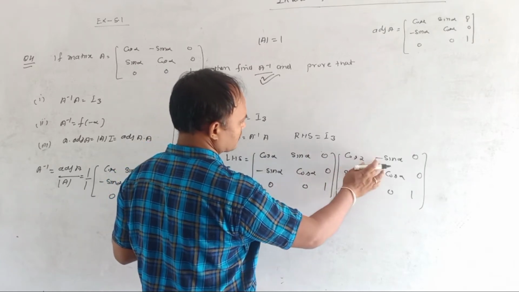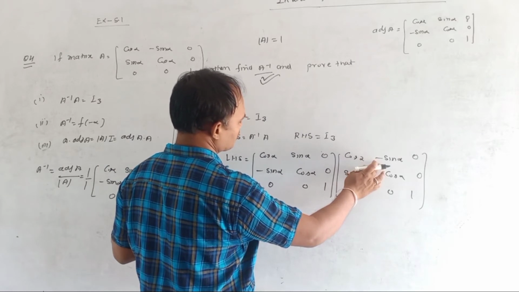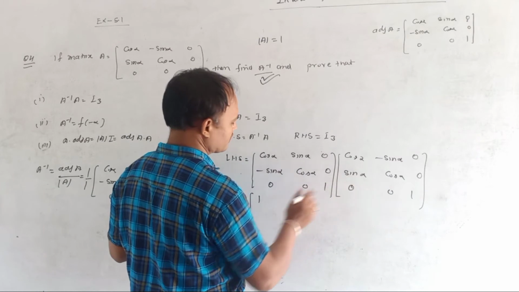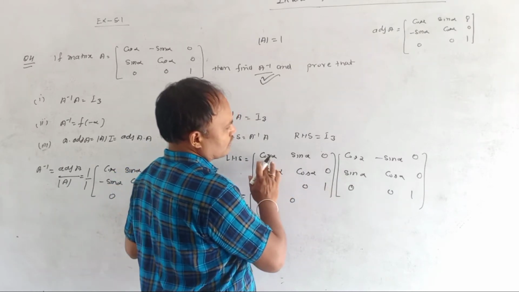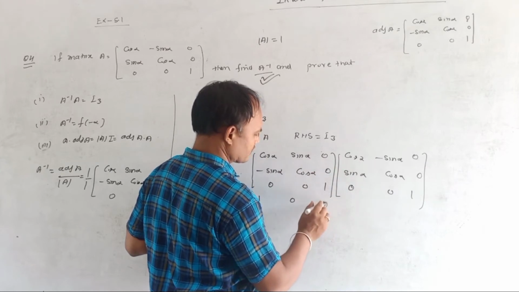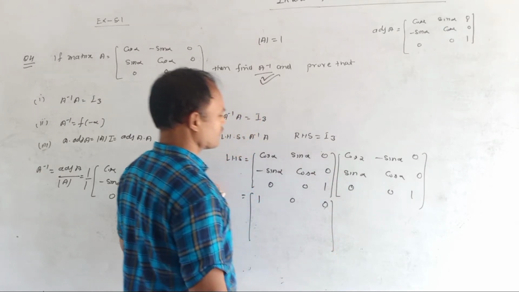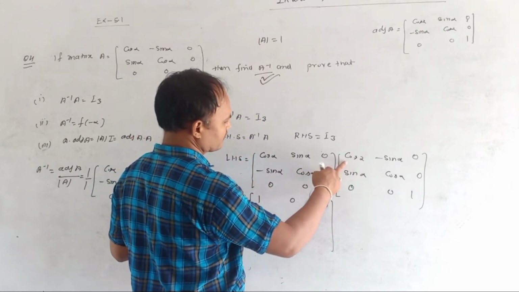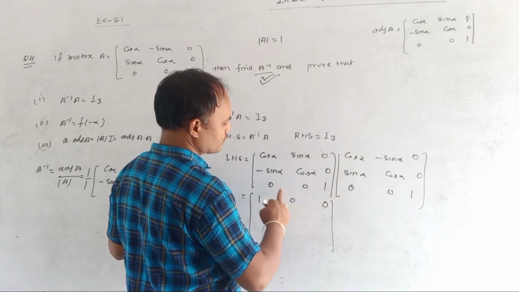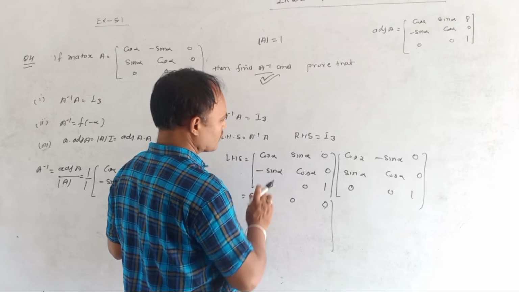It is minus cos alpha sin alpha plus sin alpha cos alpha, so it is 0, and 0 times 0 is 0. Cos alpha times 0, sin alpha times 0, it is 0. Now minus sin alpha cos alpha plus cos alpha sin alpha is also 0. What about here?